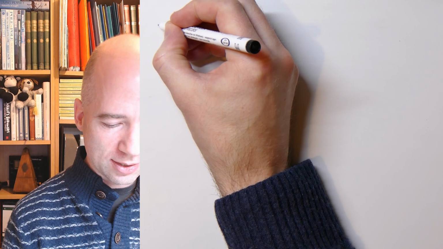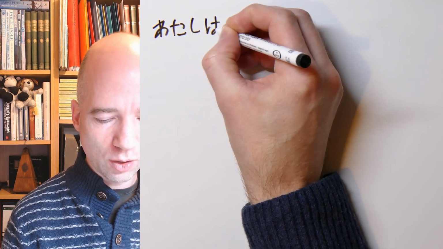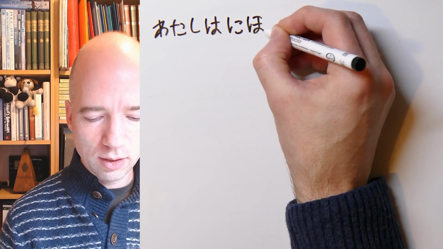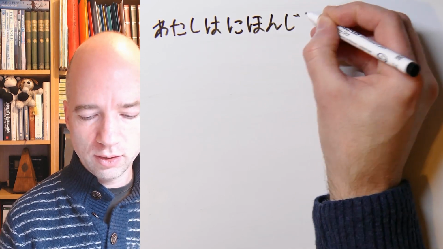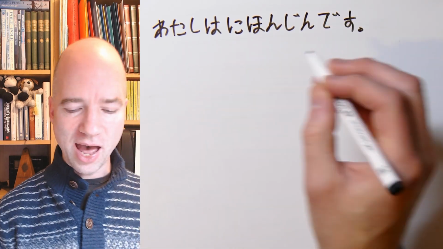So let's do the one I did last time. I did a sentence: watashi wa nihonjin desu. So I am Japanese.